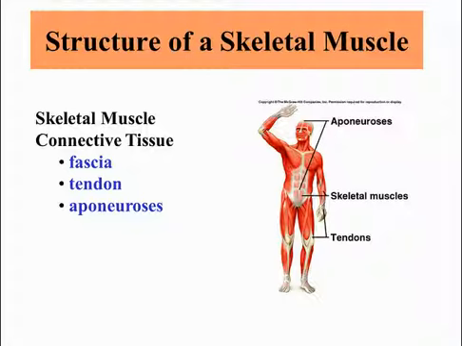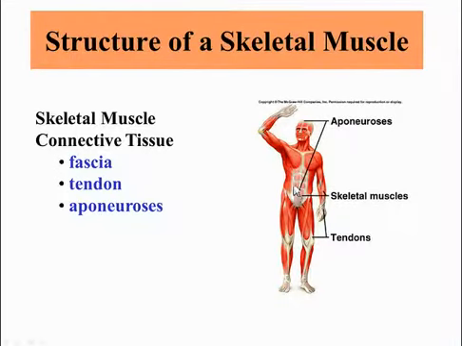Now fascia is unique in that it is continuous with the tendon, and we'll look at that in just a minute. And then broad sheets of fascia form the aponeurosis. Now on this figure here, this is a broad sheet of fascia, and it forms aponeurosis.